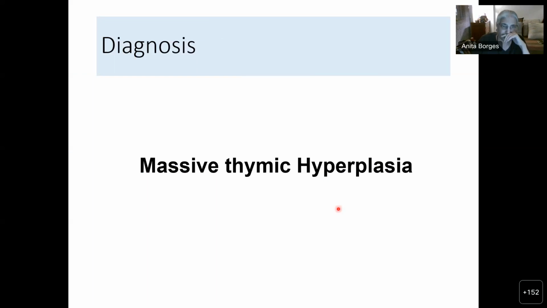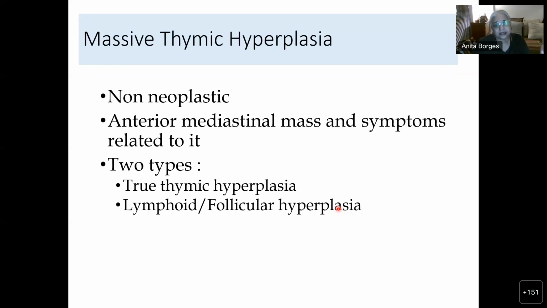It is massive. Okay, it's non-neoplastic, and this gives rise to an anterior mediastinal mass. And there are two types. One is true thymic hyperplasia, which this is, and the other is lymphoid follicular hyperplasia. And when you get lymphoid or follicular hyperplasia, it is the medulla with the B cells that are proliferating.